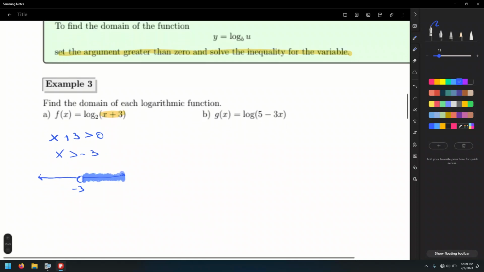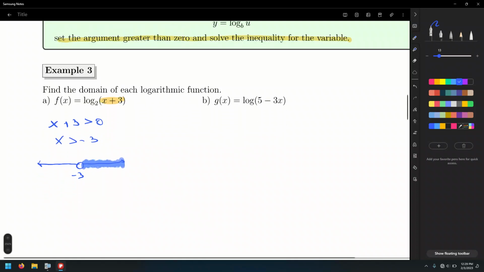So we need to represent this using interval notation. The domain, in interval notation, is from negative 3 to positive infinity. And notice for negative 3, I use the parentheses, not the brackets, because we don't include the negative 3. It's represented by an open circle, and it's only greater than, not greater than or equal.